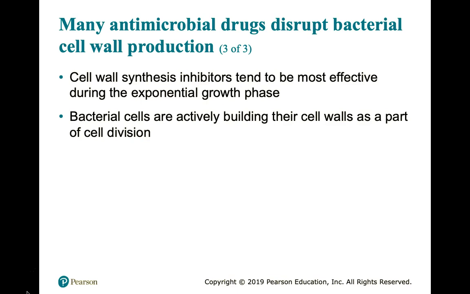If you have a mature cell that's not rebuilding its cell wall, penicillin is less effective, because when bacterial cells have a fully developed cell wall, penicillin is not going to be able to inhibit the production of the peptidoglycan because it's already made. So sometimes that might not be the most effective antibiotic to use.